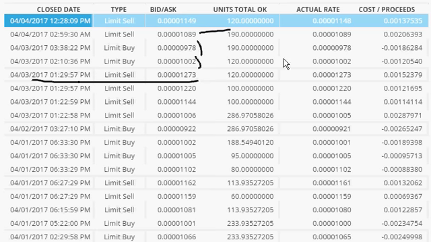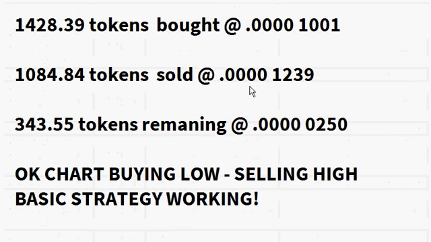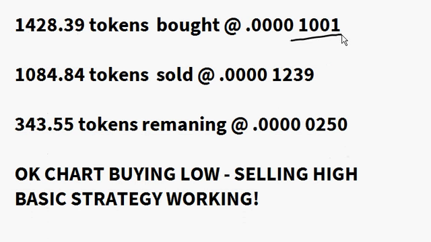And then less than half a day later, up to 1149. That's the way these things seem to move. So hey, why not take advantage of such? And very early with the OK chart, average buy in at 1,001 and the sell at 1239.